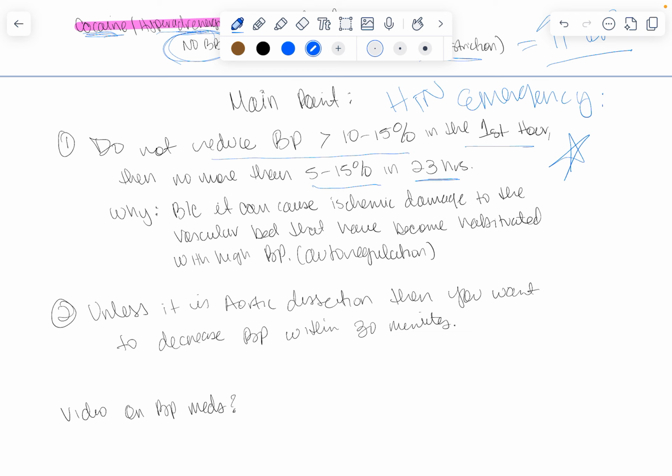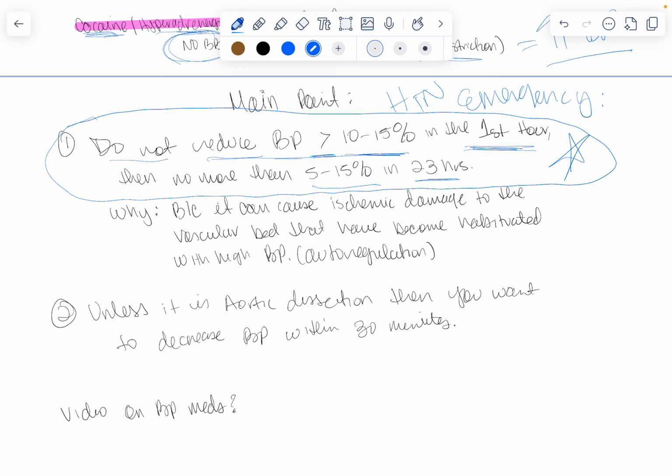Since the body is used to a higher blood pressure and you reduce it so quickly, it will cause ischemic damage. So for all the nurses out there, when you have a patient with high blood pressure, remember this, okay? This is very important. Do not reduce blood pressure by more than 10 to 15% in the first hour.